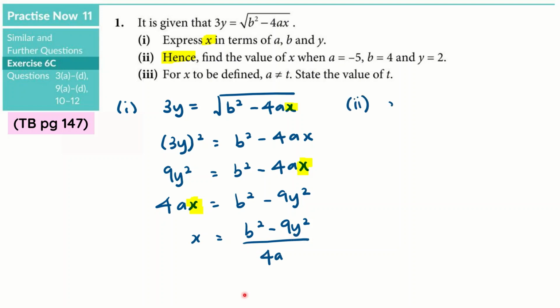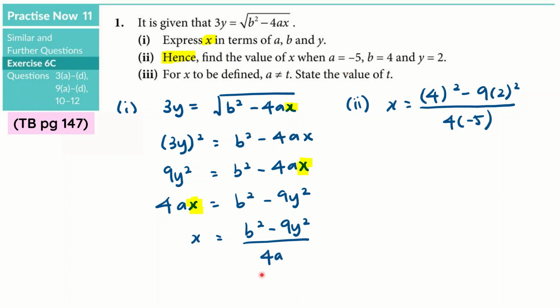So our x is equals to (4)² minus 9(2)² over 4(-5). Notice that there are brackets around my 4 because I'm only replacing the b, not the square. So my square should be outside of the brackets. Likewise, my y is replaced by 2, so my square is outside of the brackets. And then my a is negative 5, which I place in brackets as well.